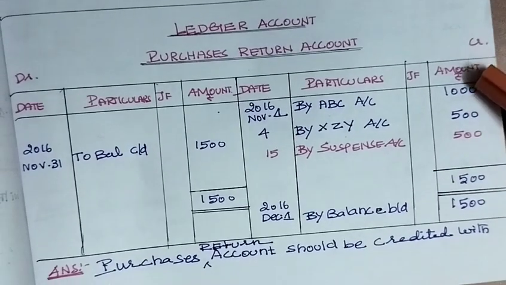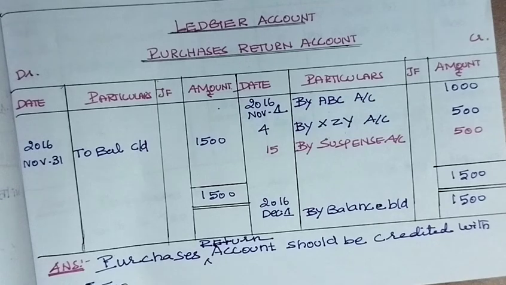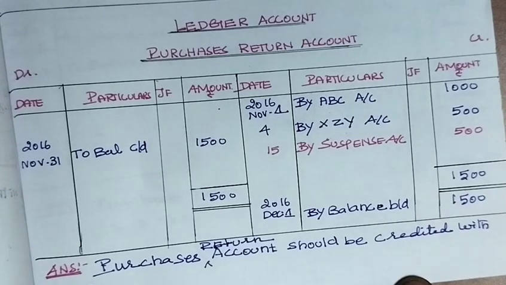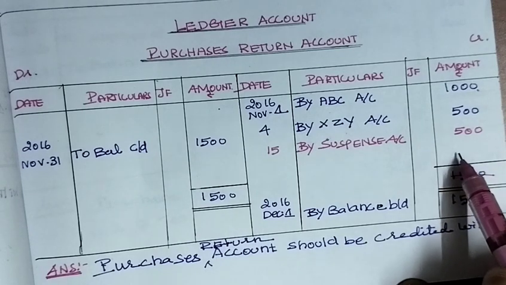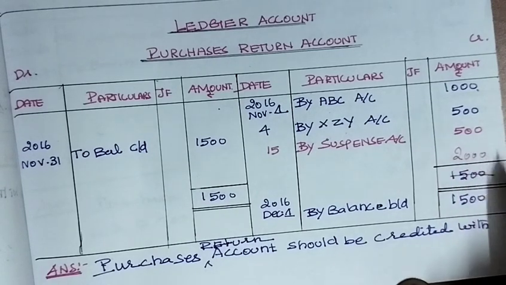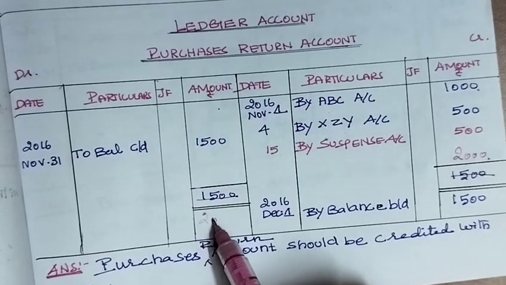Listen here, so 1000 rupees plus 500 plus 500, how much total? 1500, 2000 rupees. So here also we have to change the total, that is 2000 rupees.